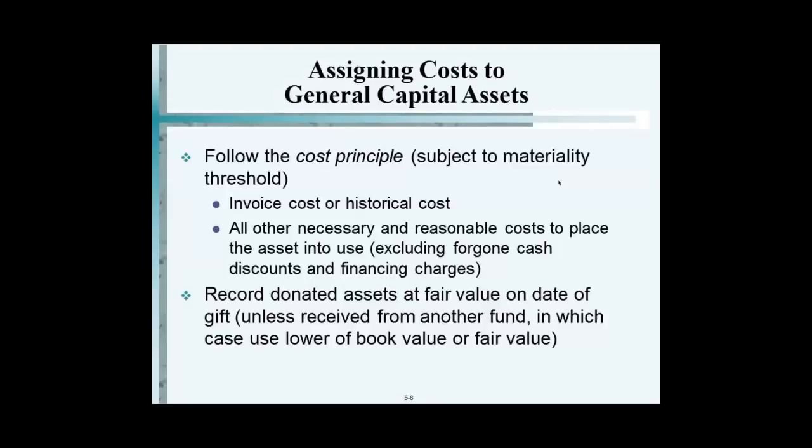Because remember, in the governmental funds, modified accrual basis, everything seems to revolve around cash, right? Any cash exchange here? Actually, there isn't, and you're not recording it in the governmental balance sheet anyway because it's a capital asset. But how about under the accrual basis? How would you record a transaction like that?